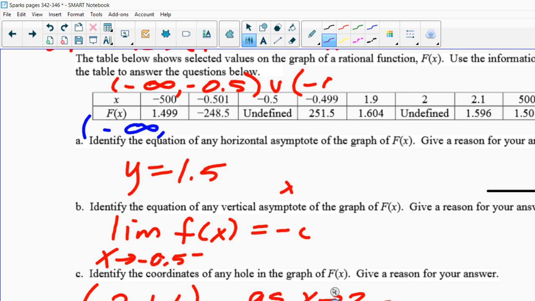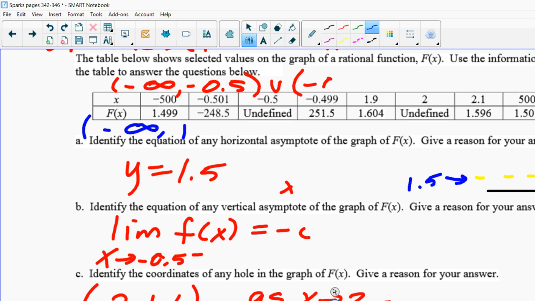And we had a horizontal asymptote right there, didn't we? Because this y value is, what's that y value? 1.6. And this y value was 1.5. Now can you do the range?